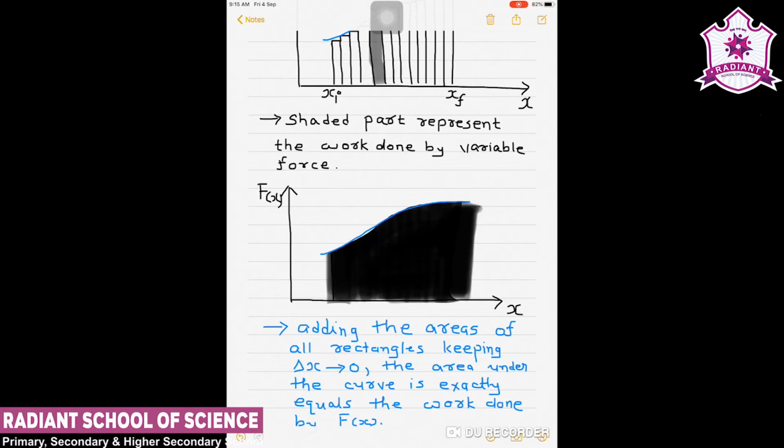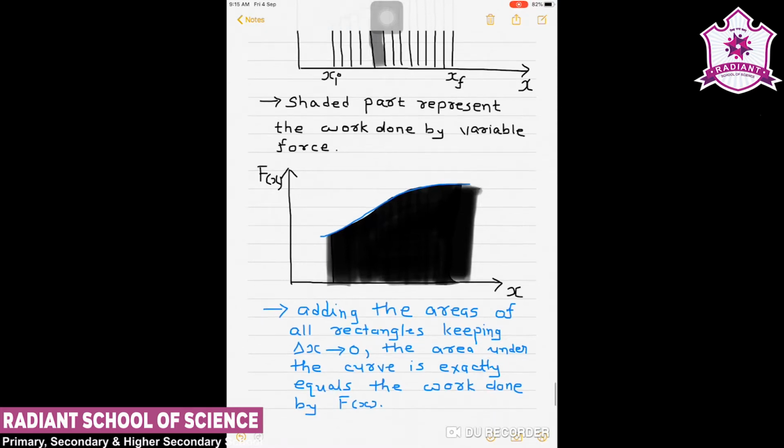Now it shows that if we add the areas of all rectangles keeping delta x very small, that means delta x tends to 0, then the area under the curve is exactly equal to the work done by this force.